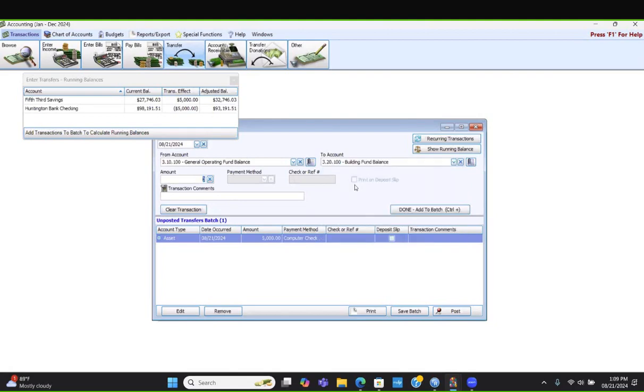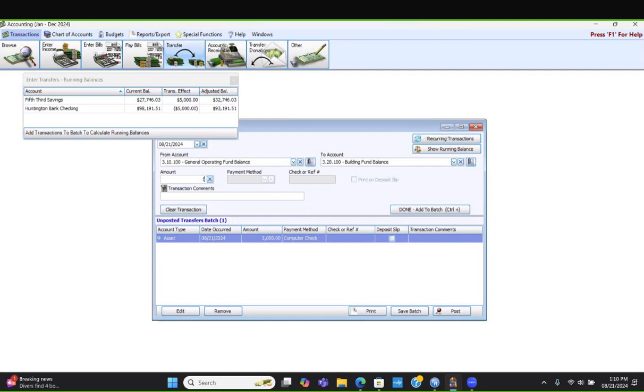If your chart of accounts was set up in such a way where the checking account represented the general fund, the savings account represented the building fund, etc., a 1-to-1 ratio of assets to funds, you will need to do 2 transfers each time. The only way to know is to go in and look at your balance sheet. We recommend looking at the balance sheet, printing it before you post the transfer, then revisiting it afterwards, and make sure that the funds and the assets look correct. If it doesn't, it may be that you missed a fund transfer.